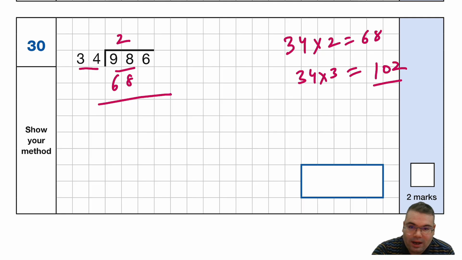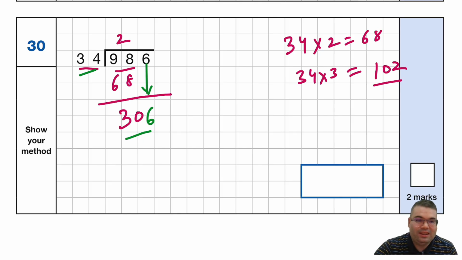Now let's subtract, so this becomes 30, right? And now let's carry this 6, so this becomes 306, right? Now let's see 34 and 306, which number it can go. So see, 34 times 10 is 340, that is greater, and 34 times 9, just see mentally that 3 times 9 is 27, okay? So that is close.